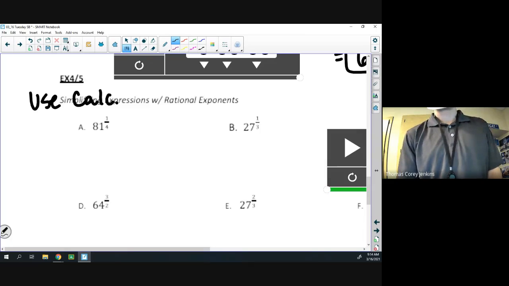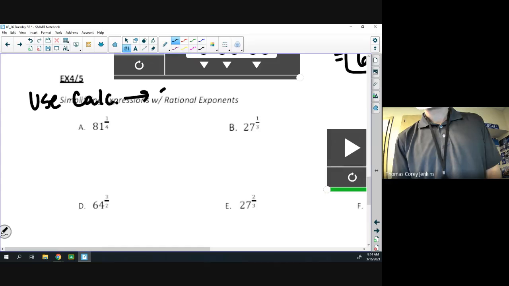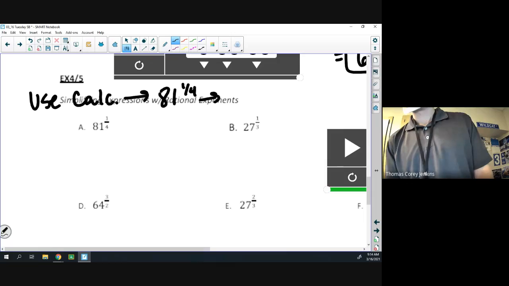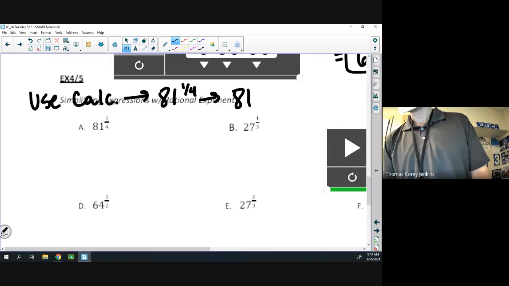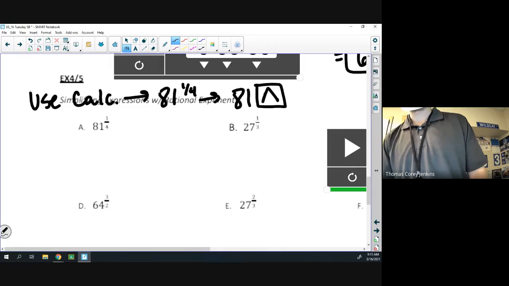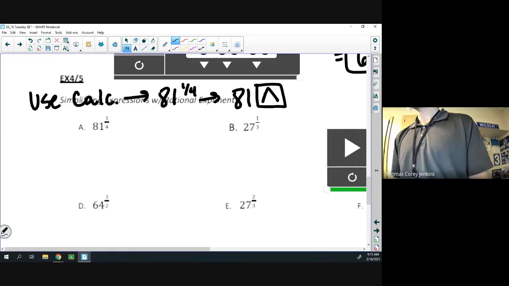So if I wanted to do 81 to the 1/4 on my calculator, I would type my base, 81, and then use the caret key, so it looks like that. And then I could type 1/4 as a fraction, 1 ABC 4.